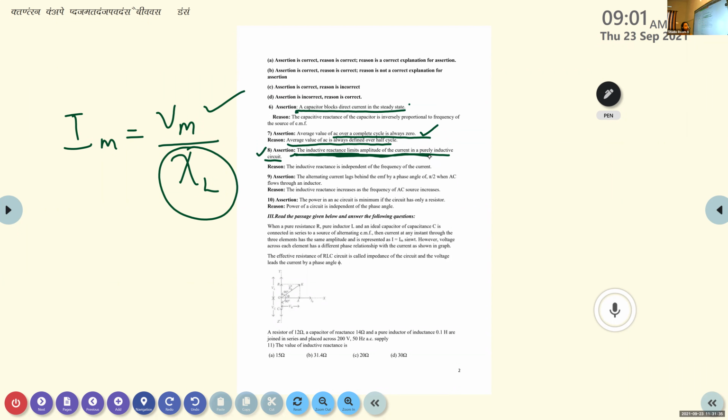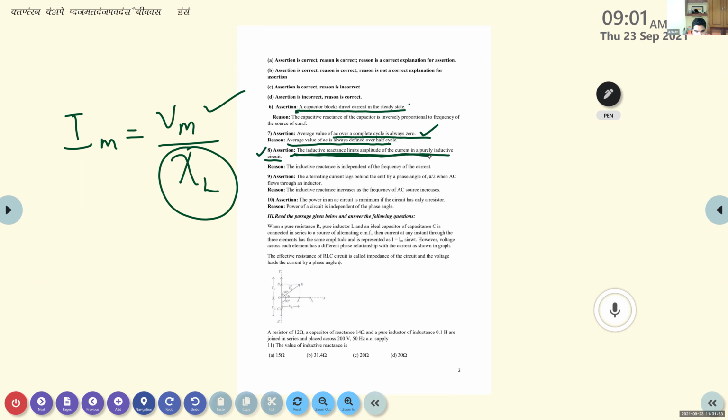Now the reason: the inductive reactance is independent of the frequency of the current. Is it correct or incorrect? Incorrect.